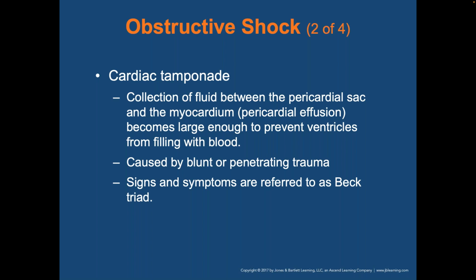Cardiac tamponade, which is a pericardial tamponade, is a collection of fluid between the pericardial sac and the myocardium. This is called a pericardial effusion. If the effusion becomes large enough, it can prevent the ventricles from filling blood in a condition called cardiac tamponade. It is caused by blunt or penetrating trauma causing hemorrhage around the heart.